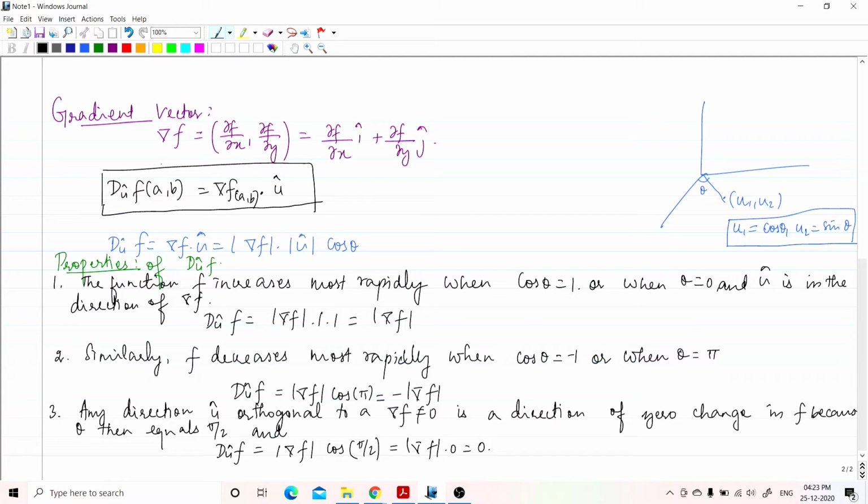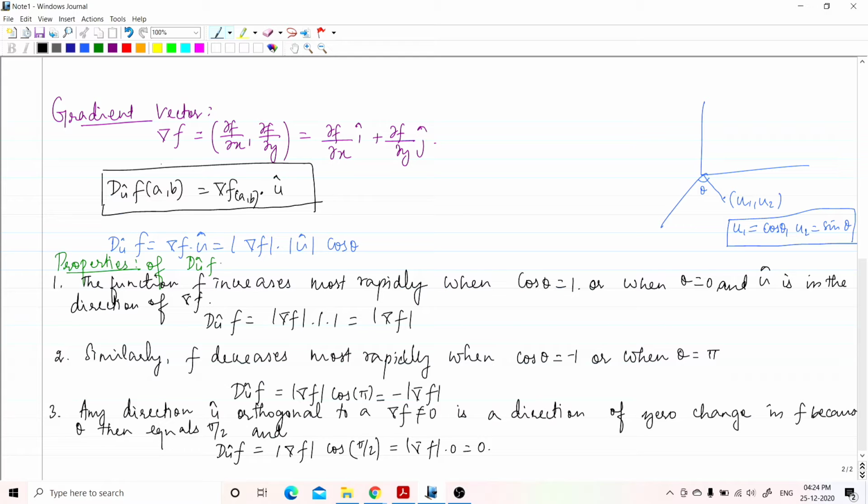Suppose you are asked to find the direction in which your directional derivative attains its maximum. You will have to identify your del f in the same direction. If you choose your u vector to be the same as your del f, in that direction the directional derivative is going to be maximum, and the maximum value is the absolute value of del f.